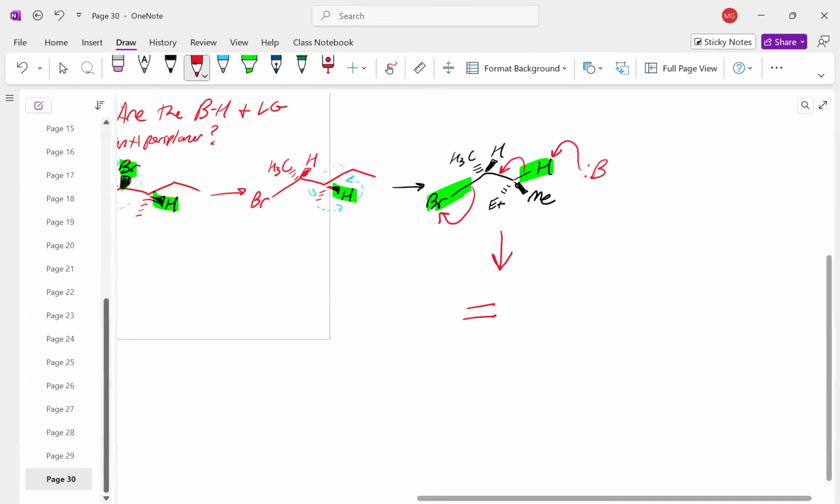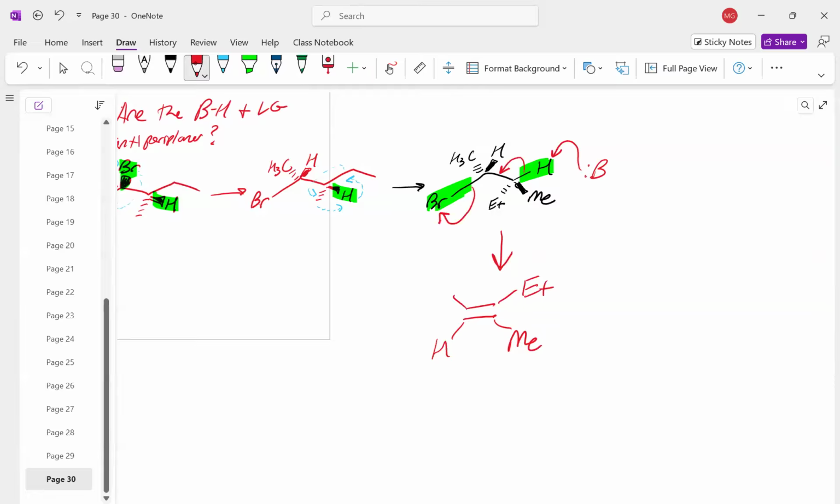Well, if they had the solid wedge, then I need to draw them cis to each other. If they had the dashed wedge, I'm going to draw them cis to each other. So the solid wedges are cis to each other, the dashed wedges are cis to each other. And so that's going to be my major product.